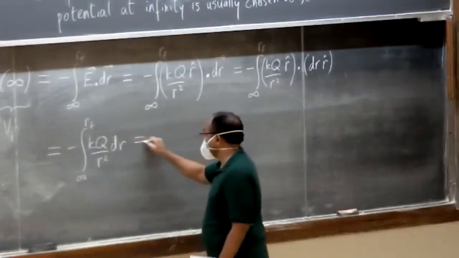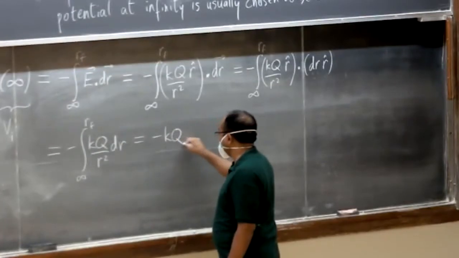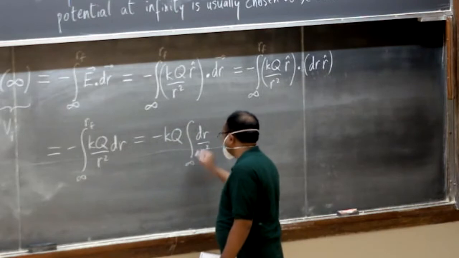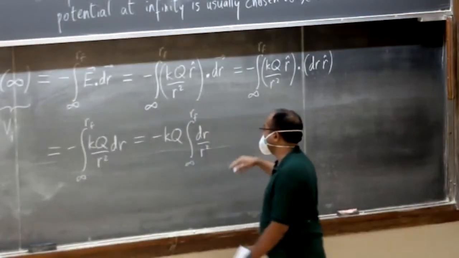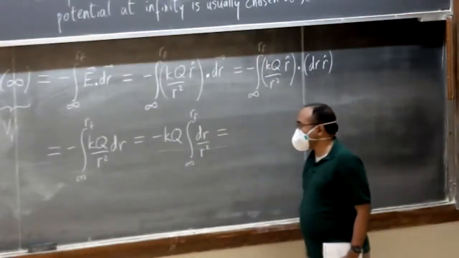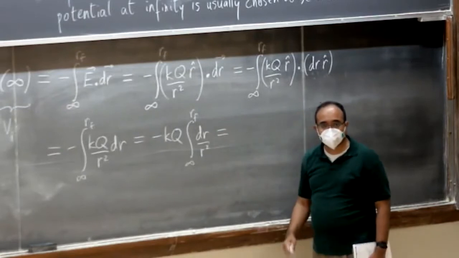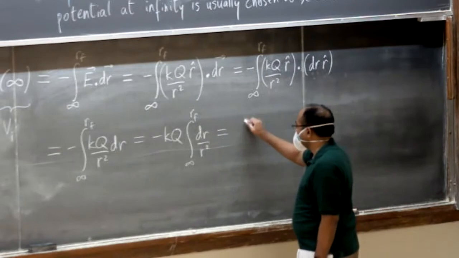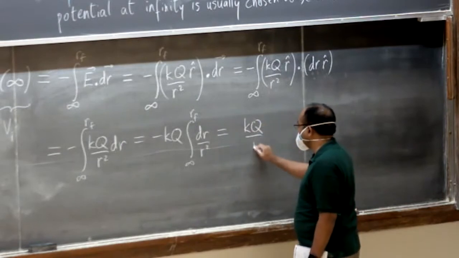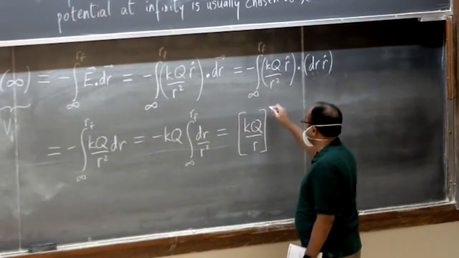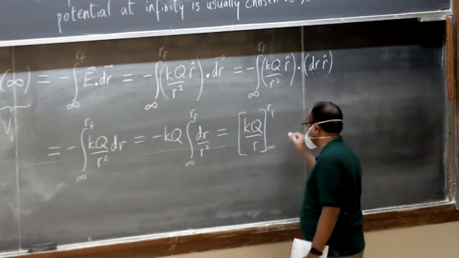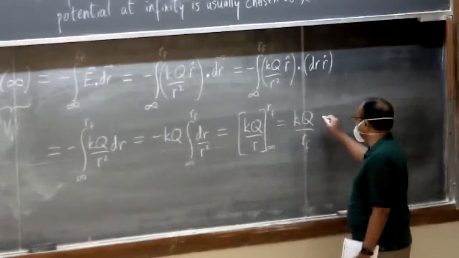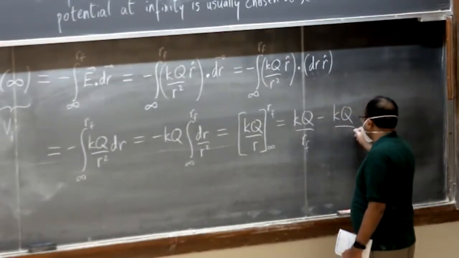K and q are constants, I'll pull those out. So we have dr over r squared from infinity to r final. Integral of 1 over r squared is minus 1 over r. Minus signs cancel. So I get kq over r evaluated at r final and at infinity. So that would be kq over r final minus kq over infinity.